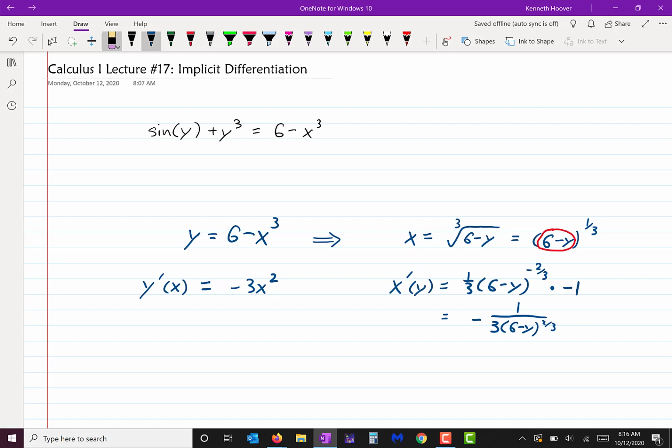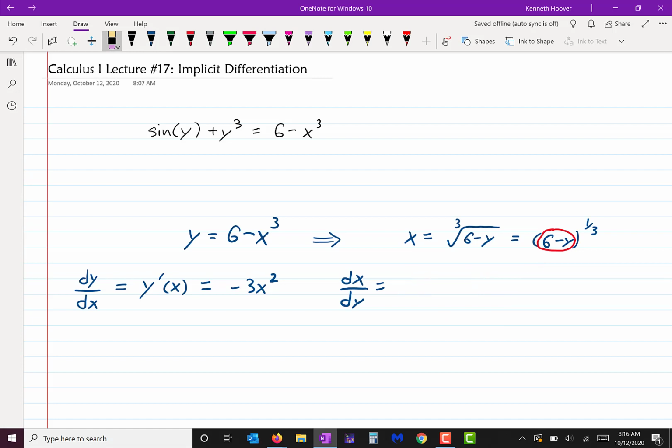Okay? And in Leibniz notation, remember that y prime of x would be written dy dx, and x prime of y would be written dx dy. Okay? All right, now, that was a little bit of a tangent. Let's get back up to what we were looking at. That's written in black.